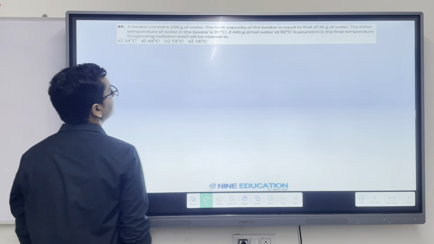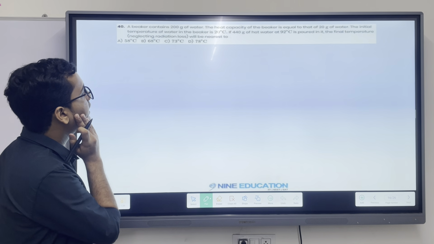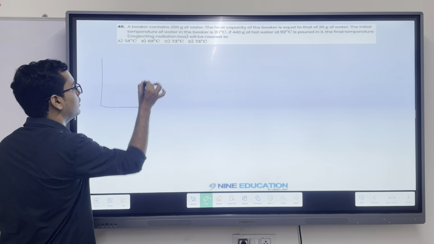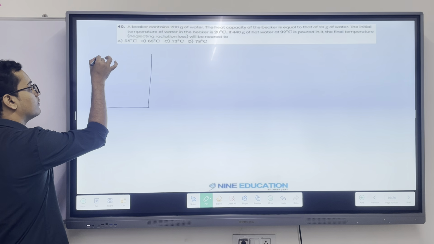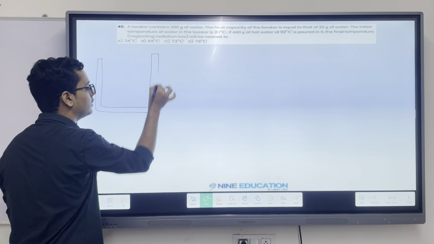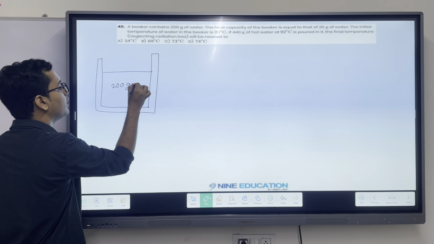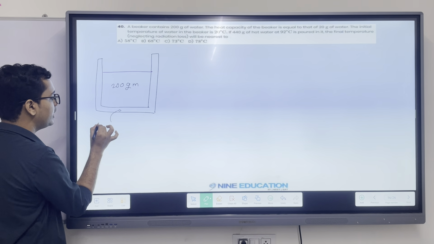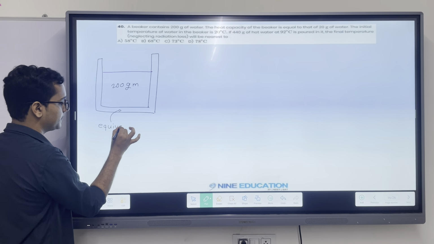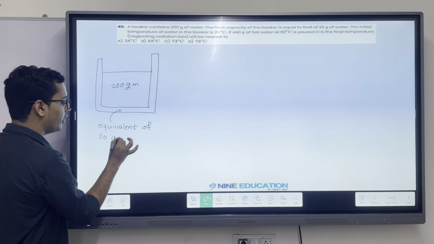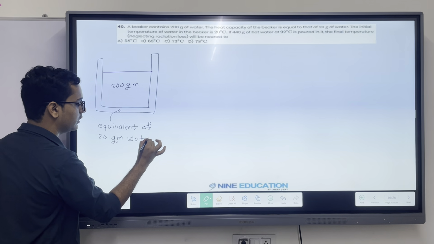The beaker contains 200 gram of water. The heat capacity of the beaker is equal to that of 20 gram of water. This is a beaker. It contains 200 gram of water, and I will say this is equivalent to 20 gram of water.